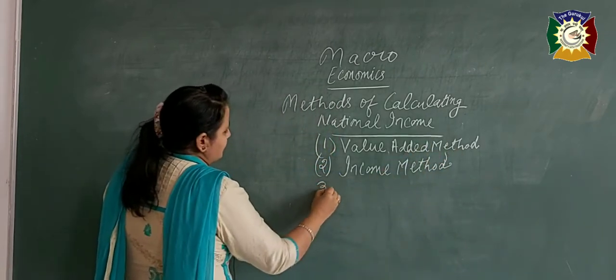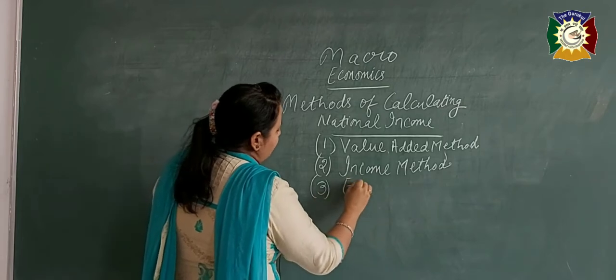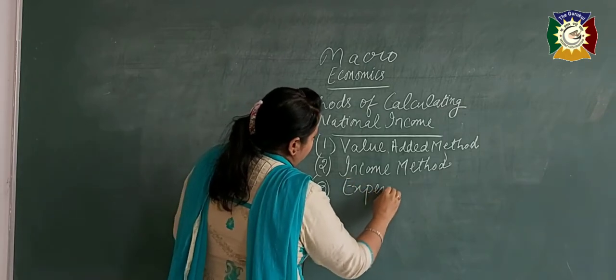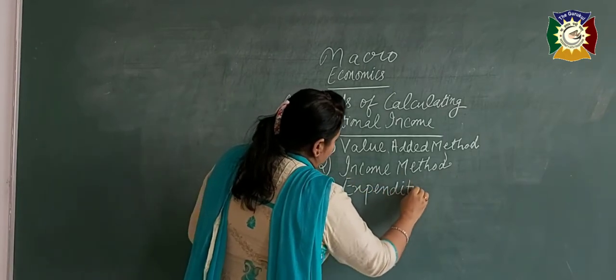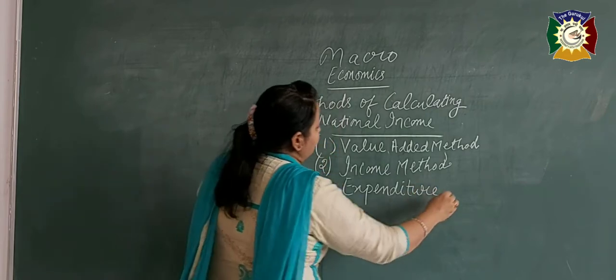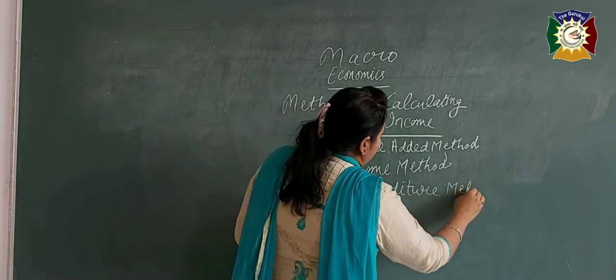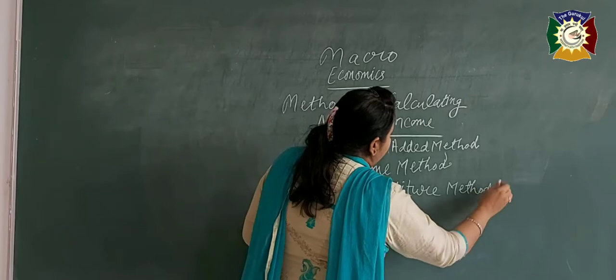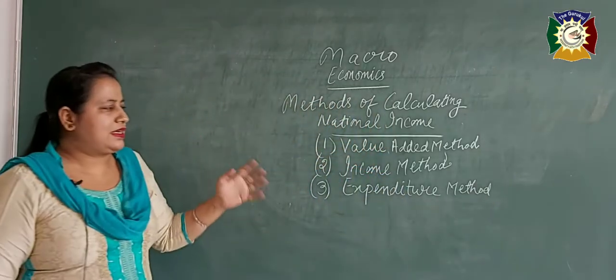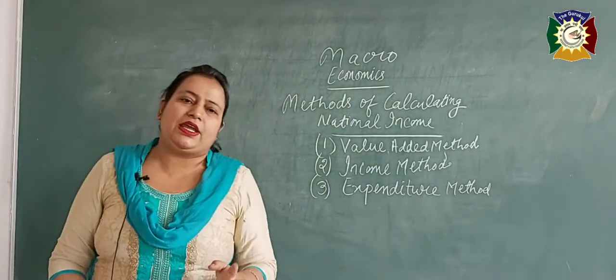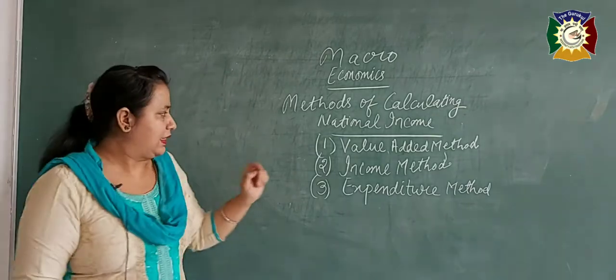And the third is the expenditure method. I will tell you these methods step by step, and how you will find them. I will tell you the steps. Firstly, I am going to tell you the meaning of the related aggregates.